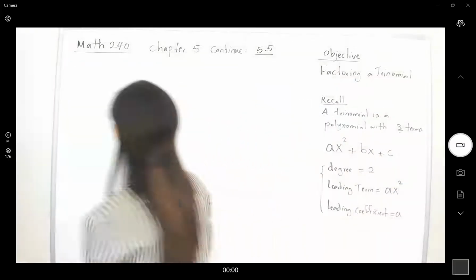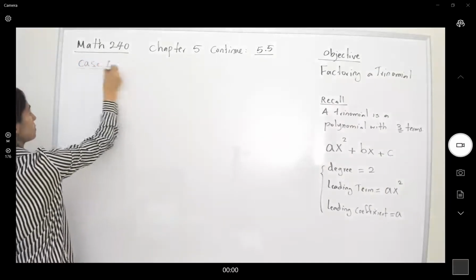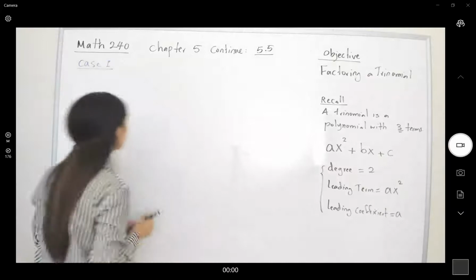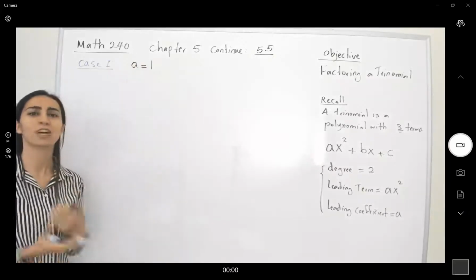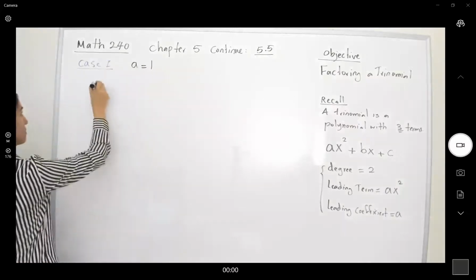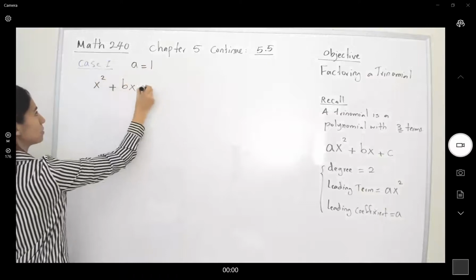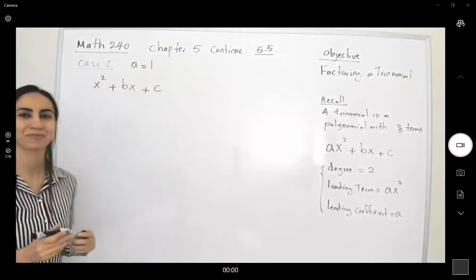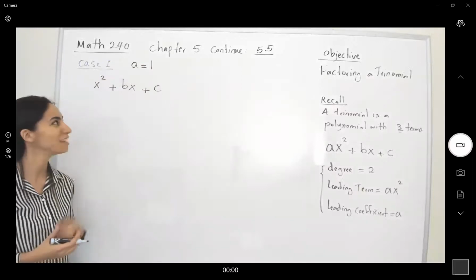So this is our case 1. A is equal to 1. So in this case, your trinomial is x squared plus bx plus c. How do we factor this trinomial? Very well.